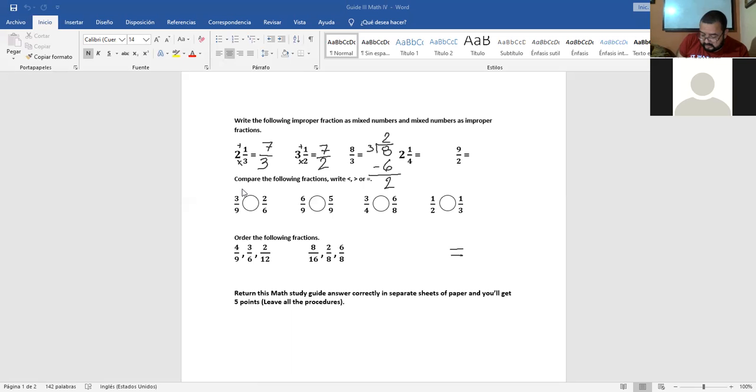So this is the big number. Then this 2 is going to be our numerator, that number that goes on top. And this 3 is going to be our denominator, the number that goes down below. And the answer is going to be 2 2/3.